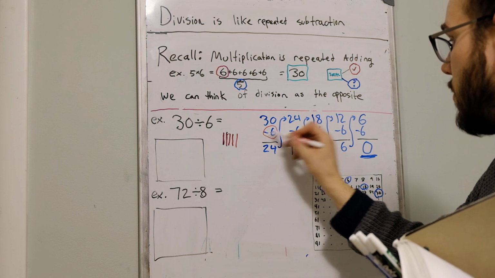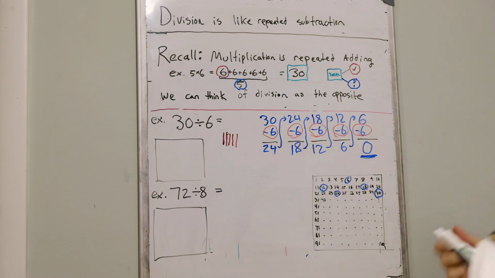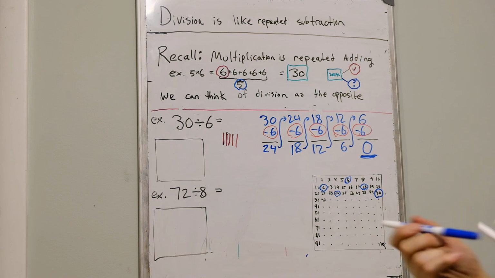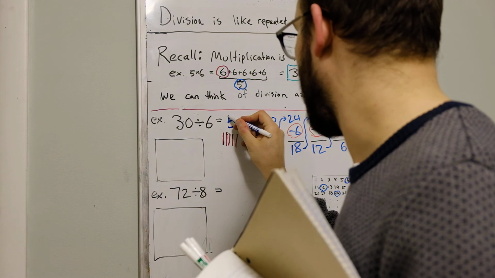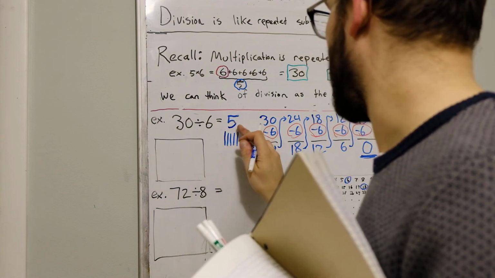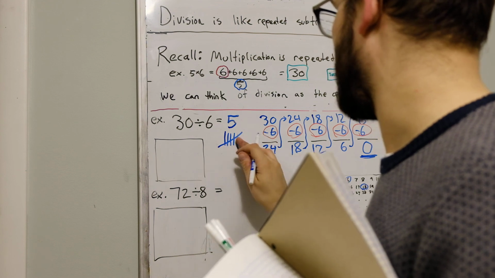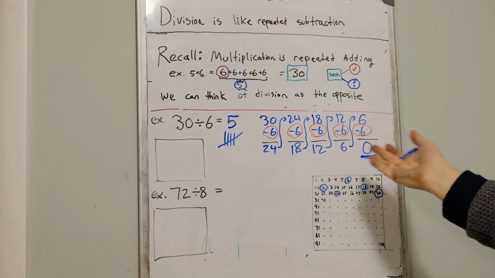Altogether we subtracted 1, 2, 3, 4, 5 groups of 6. So 30 divided by 6 gives us 5. It gives us this number of groups here. We can do the tally: there's 5 groups of 6.